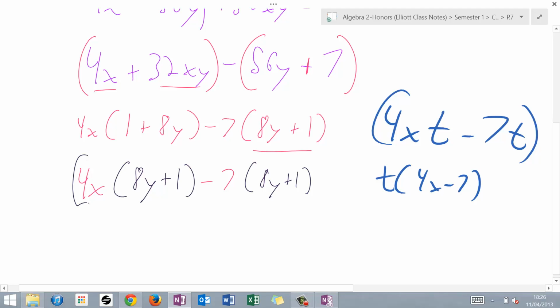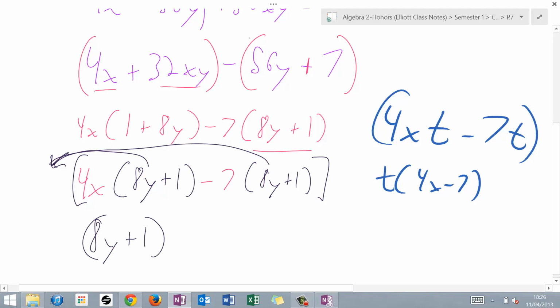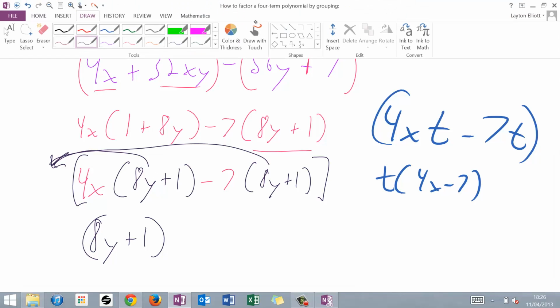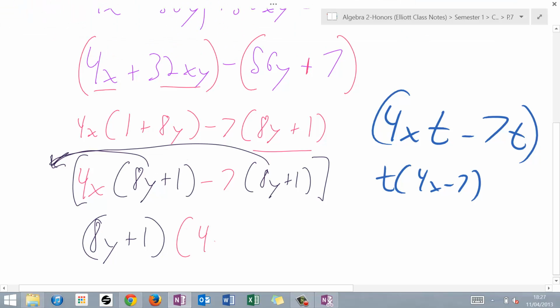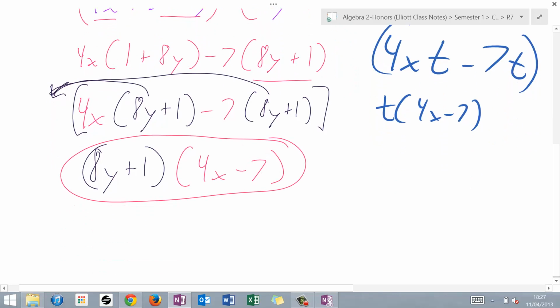And I'm going to put a giant set of parentheses around this whole thing, and I'm going to undistribute or factor this greatest common factor of 8y plus 1 out, so that it is sitting out away from the rest of it. And when I do that, what I have left is a 4x minus 7. And that is 2 and 2 factoring.